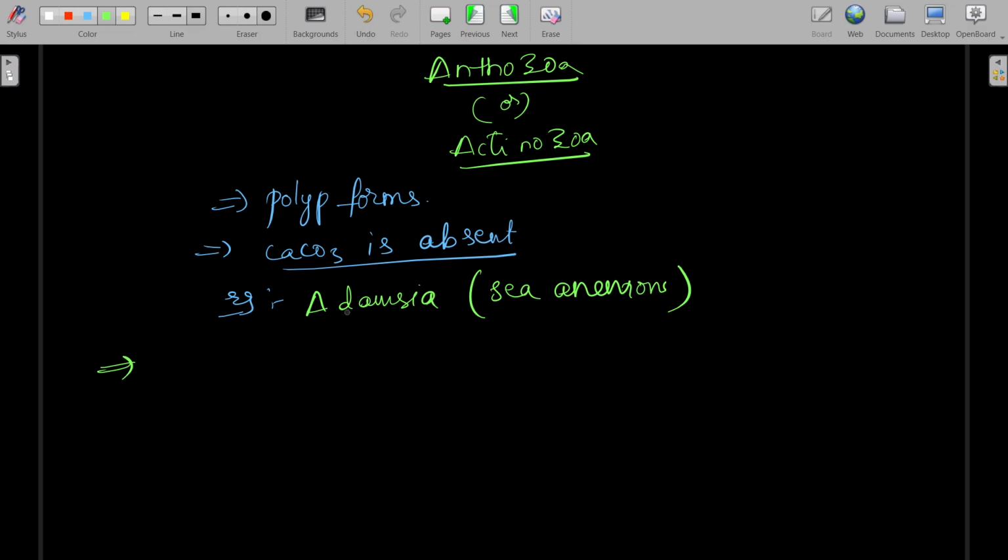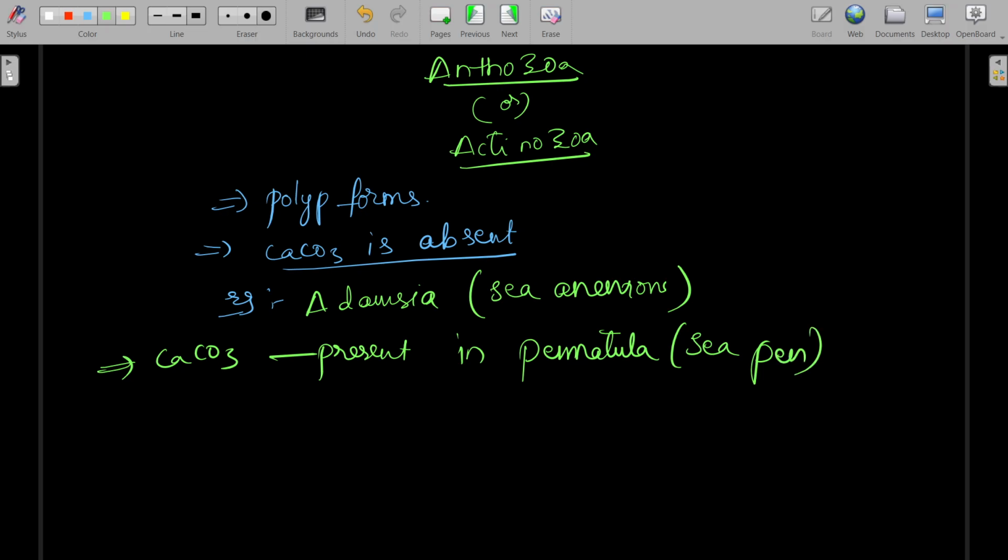Calcium carbonate is absent in sea anemone, but it is present in Pennatula, also called sea pen.